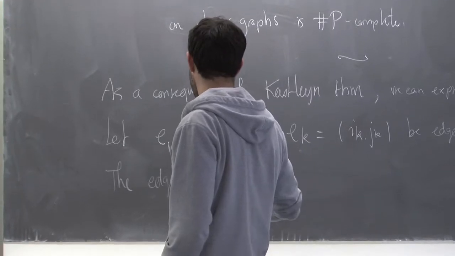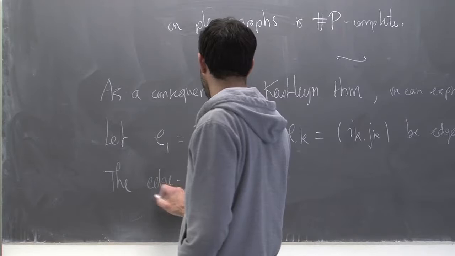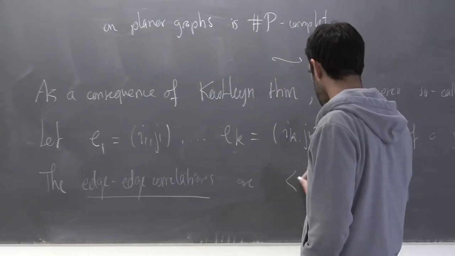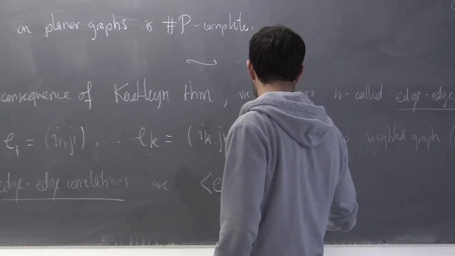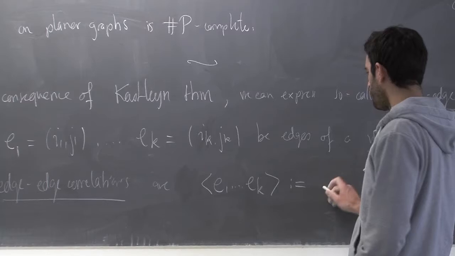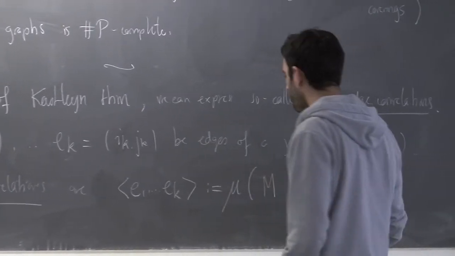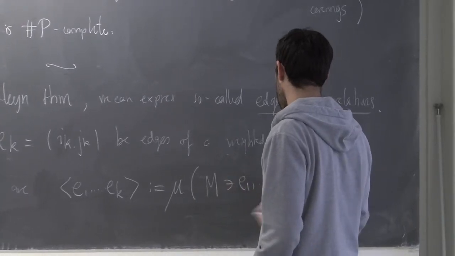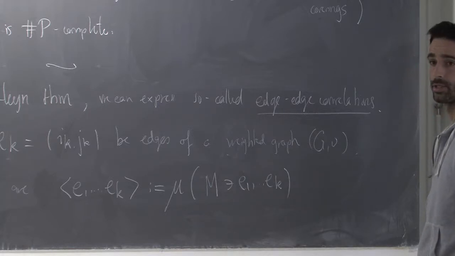The edge correlations are by definition denoted this way, E1 ... EK, and this is simply the probability that a given matching contains all these edges.